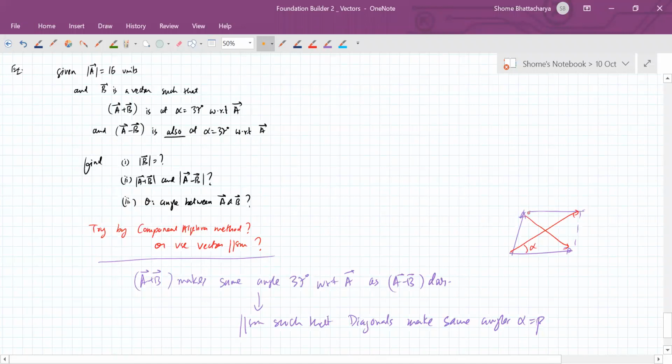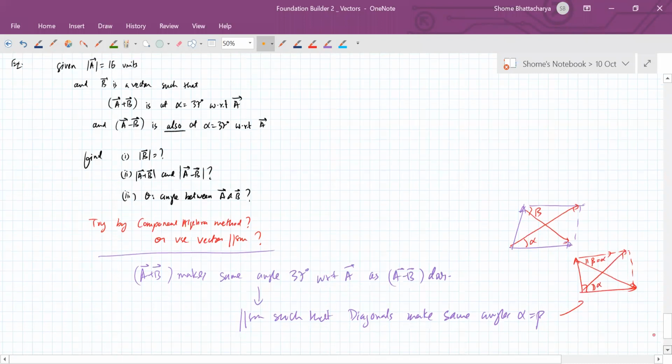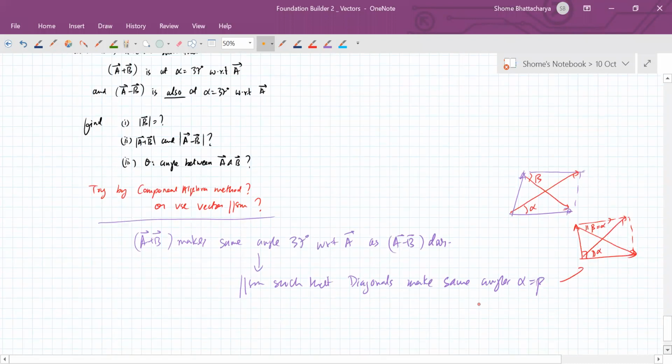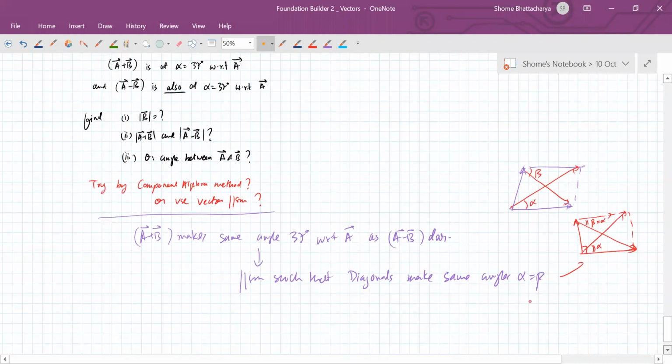Now if this angle is equal to this angle, it means that it has to be a rectangle. Alpha is equal to beta means that it has to be a rectangle. This has to be 90 degrees. So this means that my parallelogram is a rectangle.